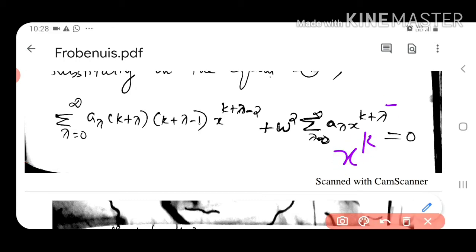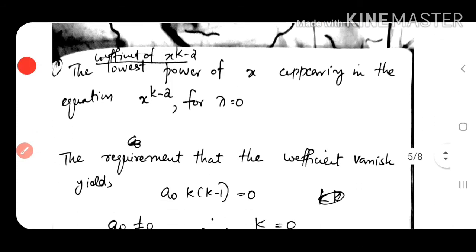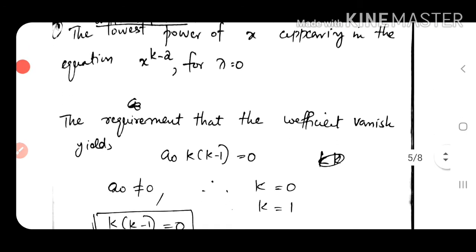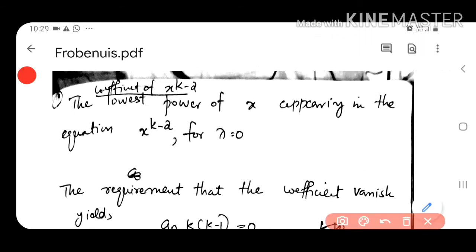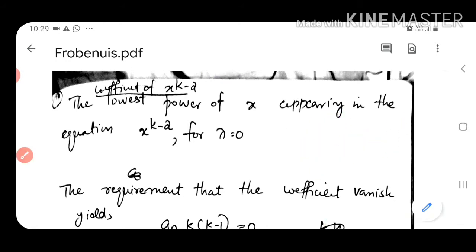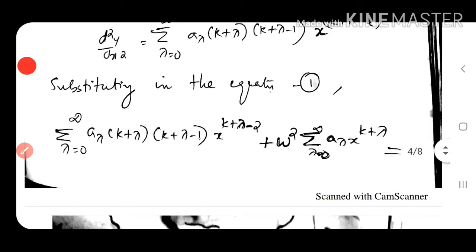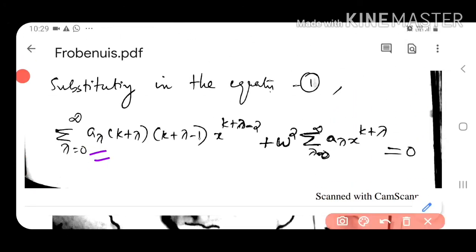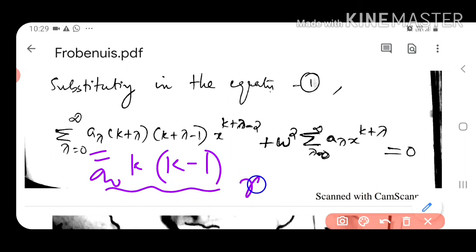So the lowest power of x is x to the power k minus 2, and we take its coefficient. When you put lambda equal to 0, here you will have a0, here you will have k, here you will have k minus 1. So this is the coefficient of x to the power k minus 2.